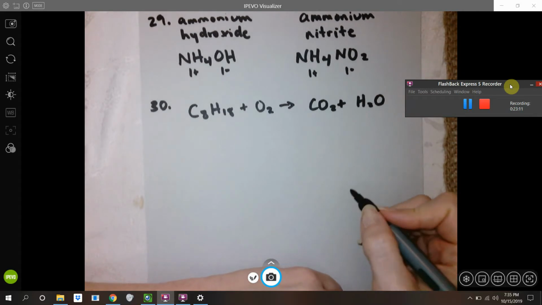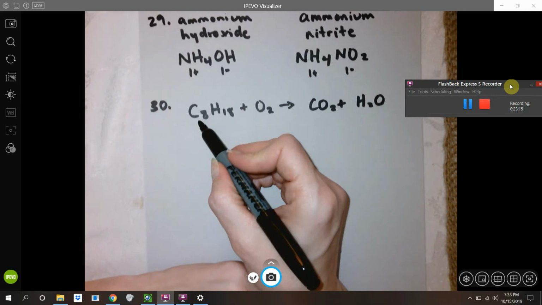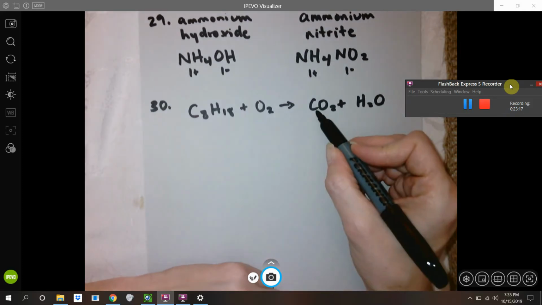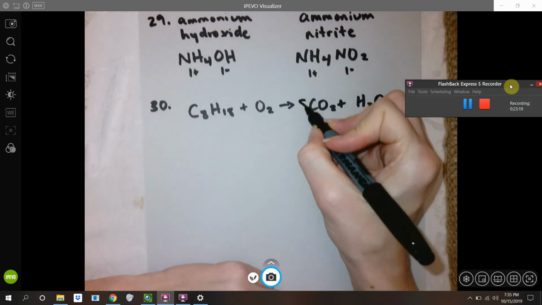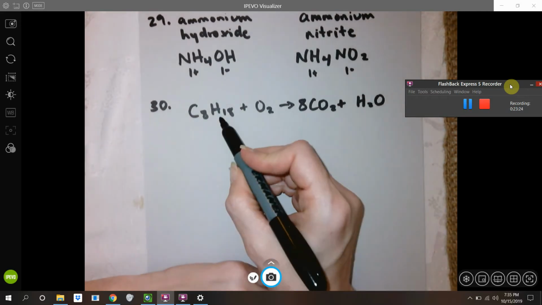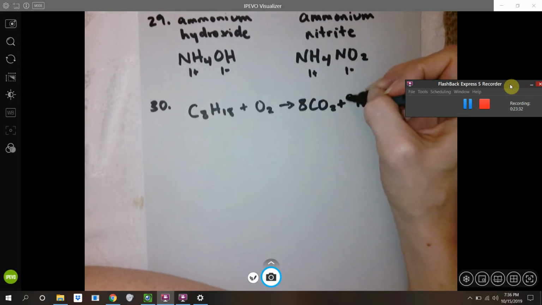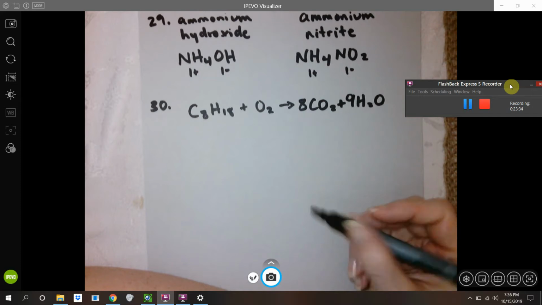So let's balance looking at our carbons first. We have 8 carbons on the reactant side, 1 on the product side, so let's multiply the products by 8. We have 18 hydrogens on the reactant side. Here we only have 2 on the product side, so we need to multiply this to get 18. So I'll put a 9 in front.